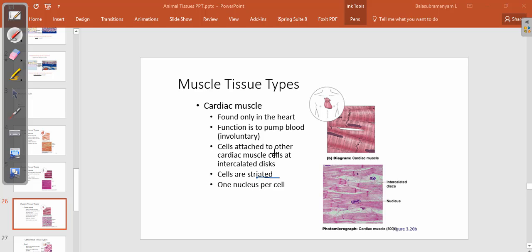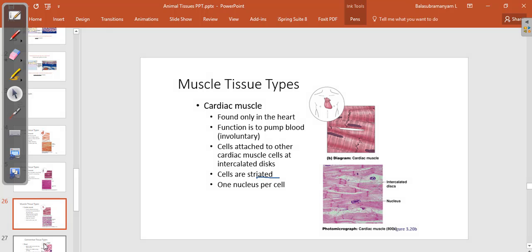Right, so I can say this is nothing but a fusion of both the smooth muscle as well as the skeletal muscle. So these are the histology images of the muscle cells.